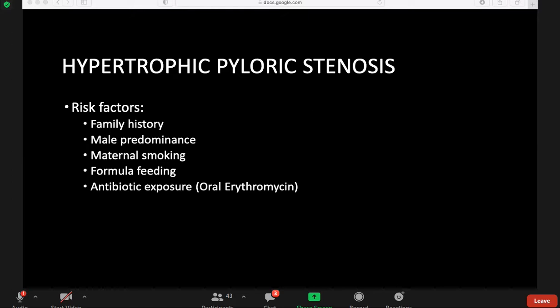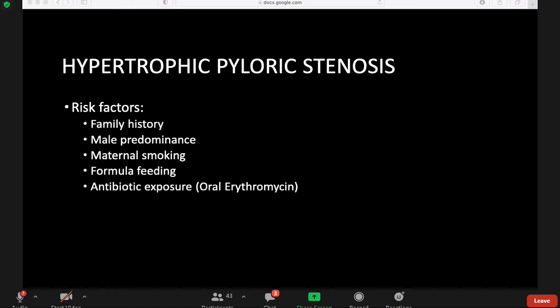And in relation to formula feeding, according to the study of Sukat and Hale, there is a 5 times increase when the neonate is exposed to formula milk because it leads to overfeeding with larger volumes of formula milk, which may irritate the pylorus, leading to the hypertrophy.